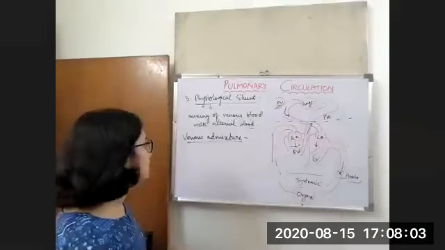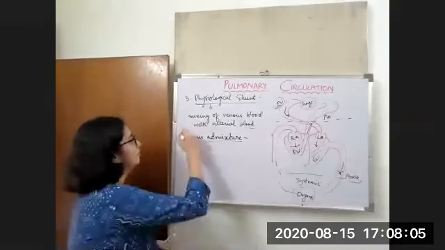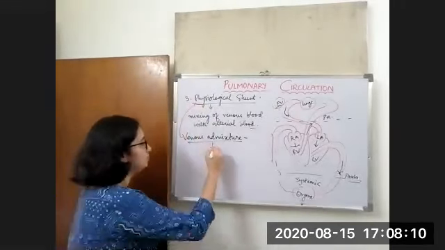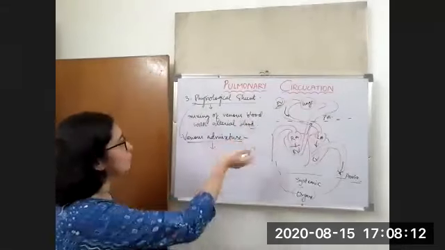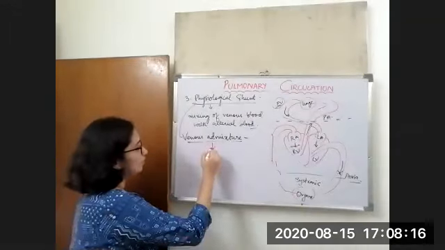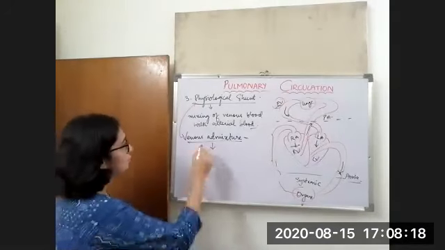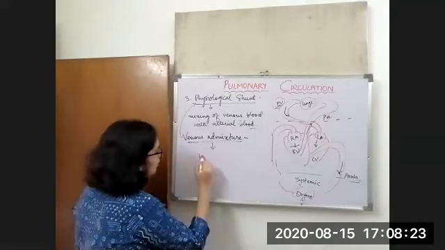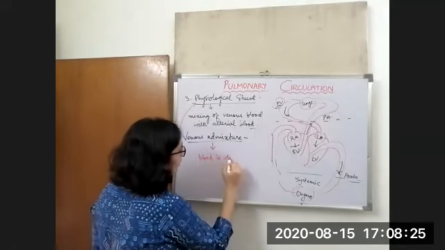What is venous admixture? It is nothing but a result of physiological shunt. That is, it is the same. It is a mixture of venous blood with the arterial blood. Okay. Now, with the venous admixture, the blood is deoxygenated.